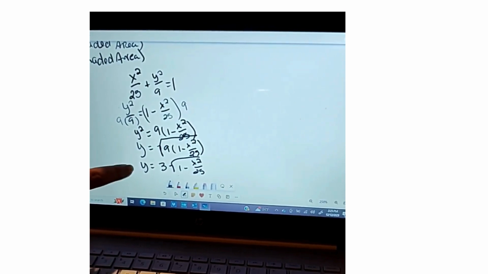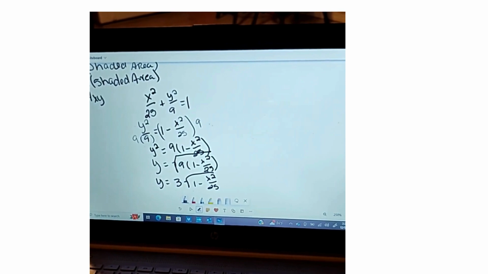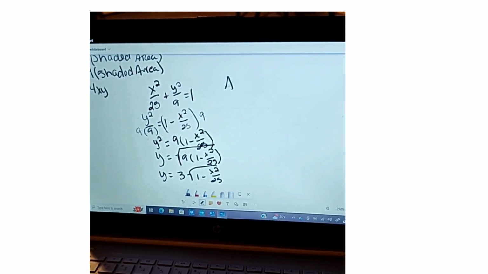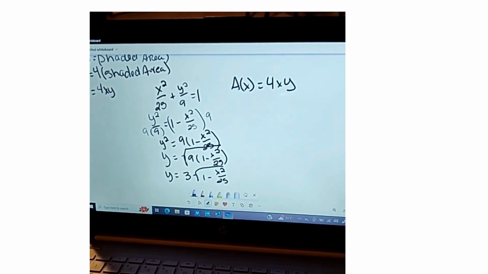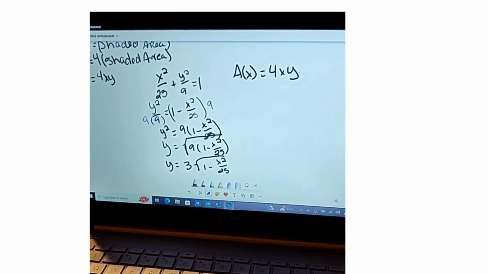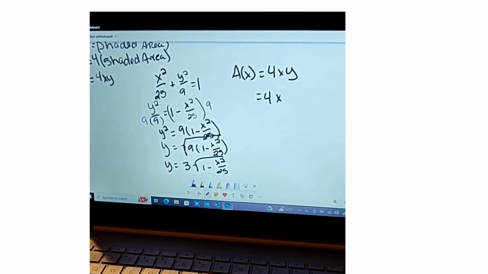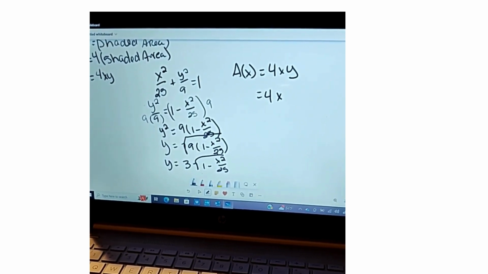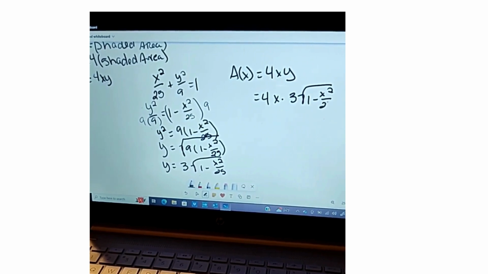So now that we have our y, we can actually place this y in the original equation we came up with for the second part. So our A of x equals 4xy. So let's put this y in for our y here. So it's going to be equal to 4x, and then our y, which is 3 square root of 1 minus x squared over 25.